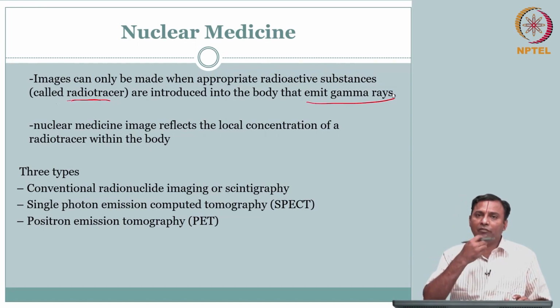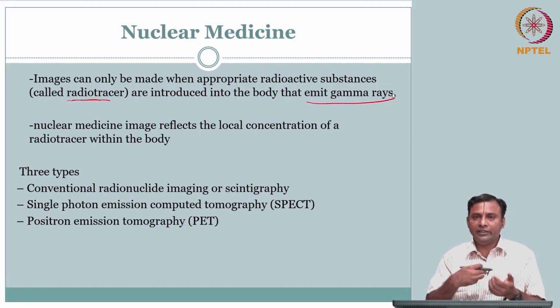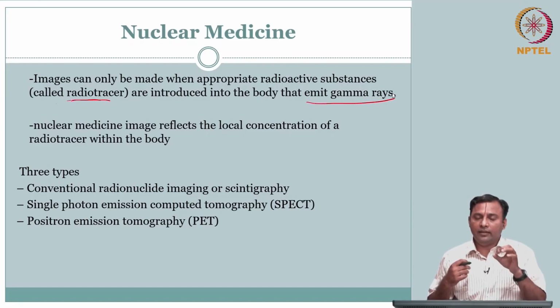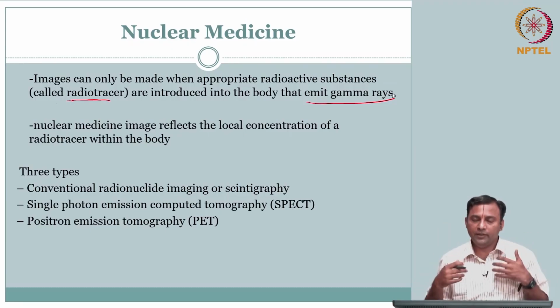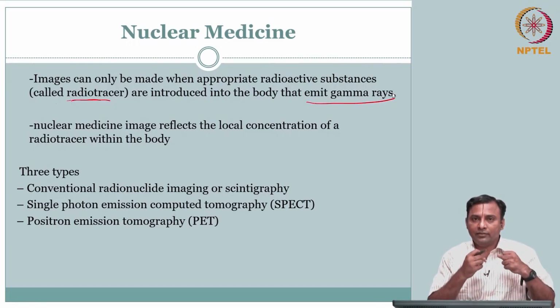So they will have you take some radio tracers, right? Inject it, or orally, you can drink some solution. So it will go into the body. Then what happens? The radio tracer is going to circulate in your body, and wherever it goes and takes part in some activity, the radioactive decay will start happening.